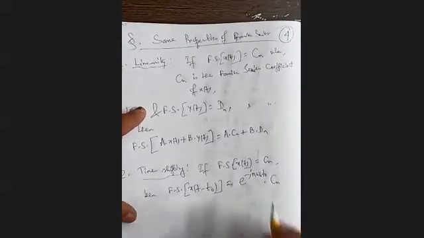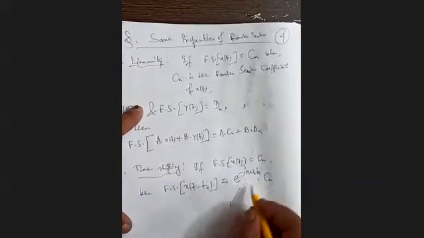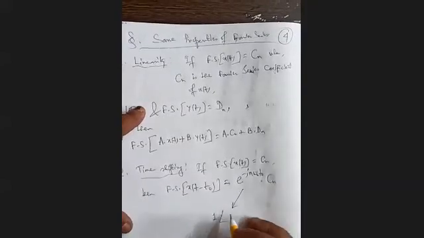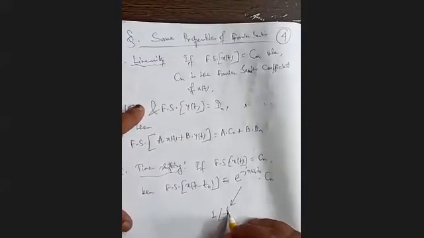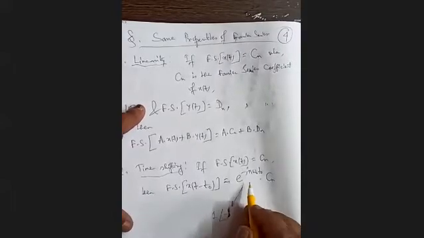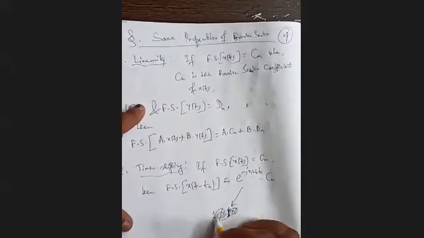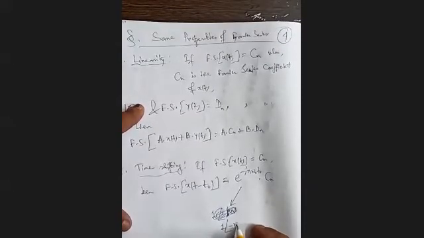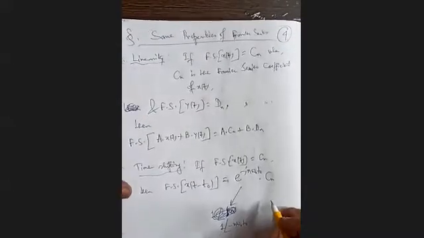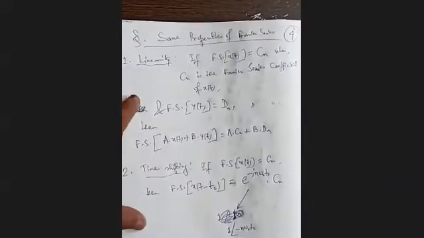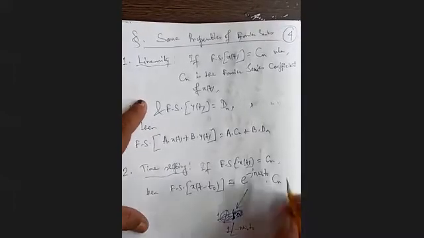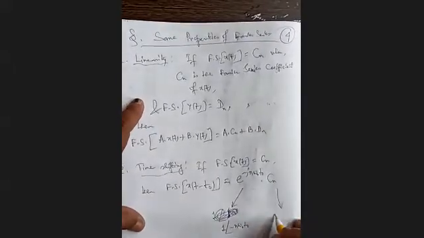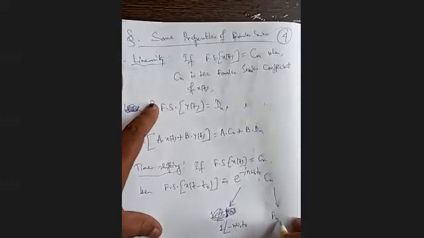So what is the magnitude part here? What is that representation in polar form? It is one angle e to the power minus j theta, so it's one angle minus n omega 0 t0. And for Cn, its value may be say some Fn angle alpha n.